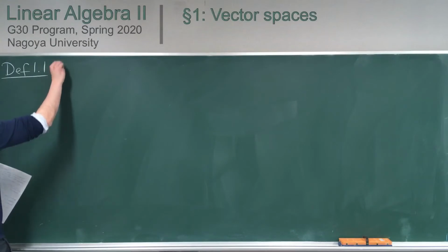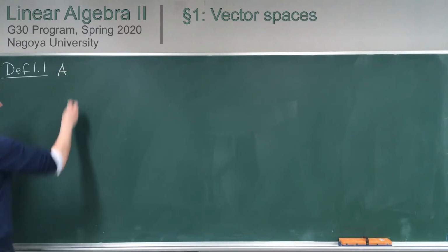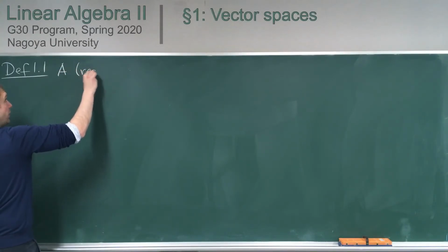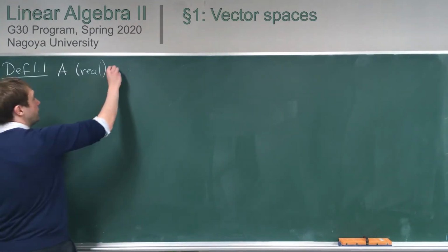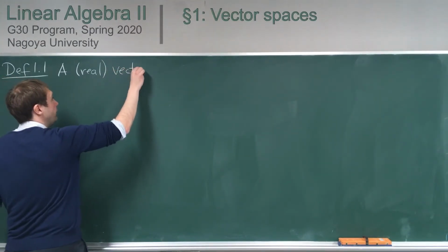So more precisely, a vector space, or in our case, we will just consider something which is called the real vector space. So all the scalars will be real numbers, and you can even do it more general. But in our case, we just consider real vector spaces.